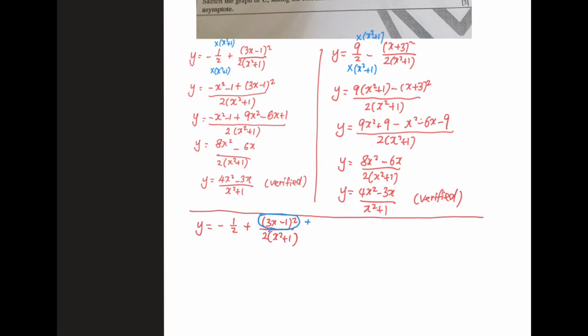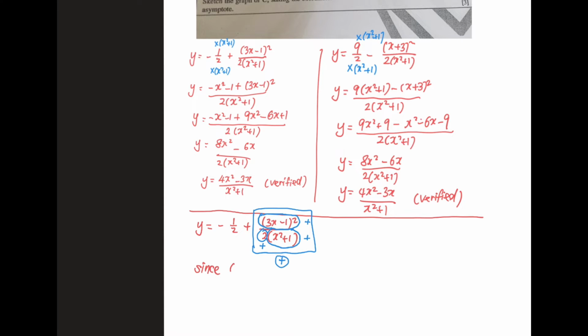This is also confirm positive because 2(x squared plus 1) is confirm positive. This is also positive, and hence what we can say is our fraction here is always positive. This fraction is always positive.